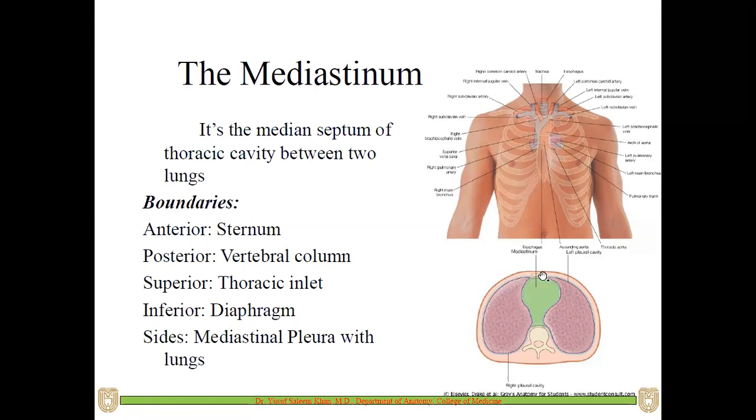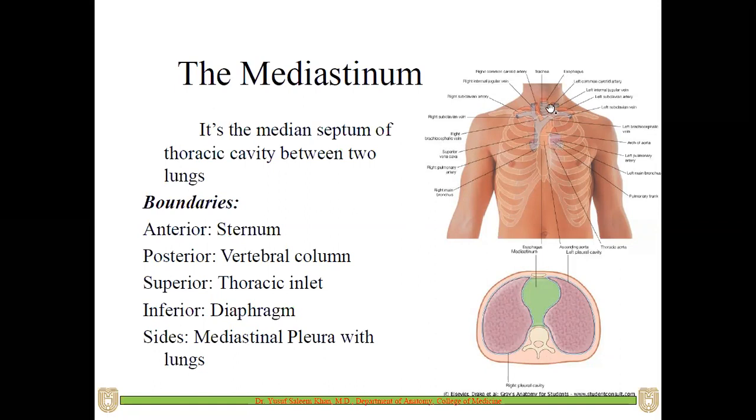In the front, we have the sternum. Posteriorly, we have the vertebrae, the backbone. So that is the vertebral column posteriorly. Anteriorly, we have a bone, the sternum. Posteriorly, we have bones called the vertebral column.